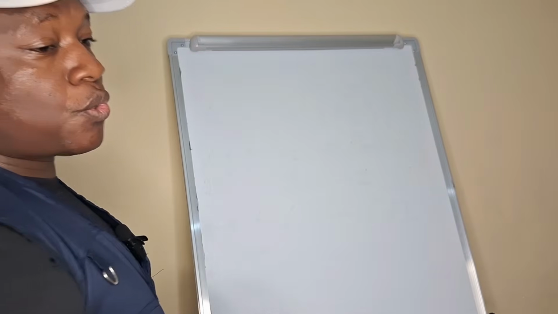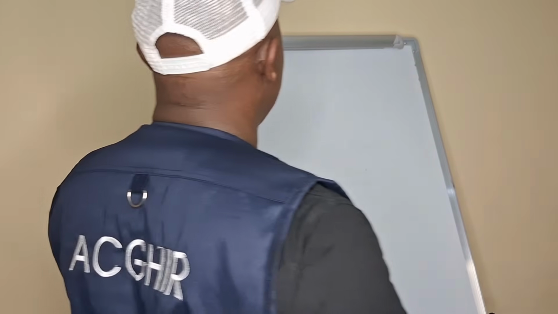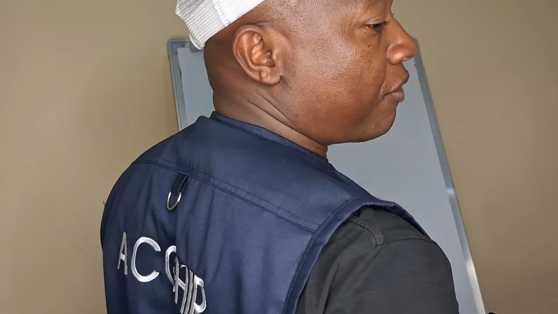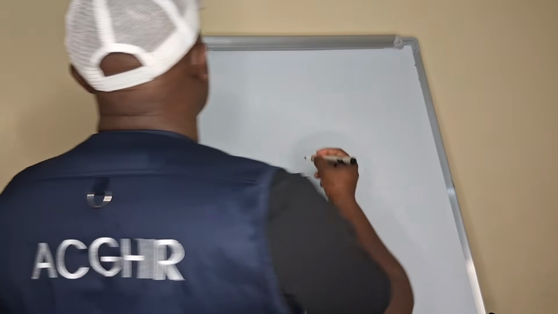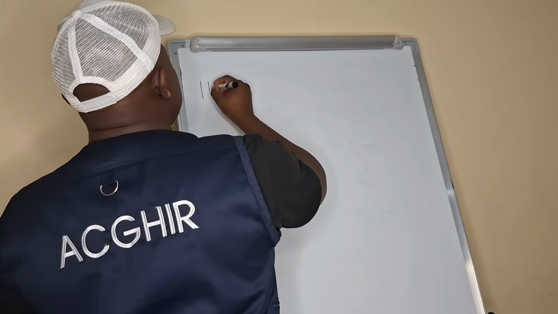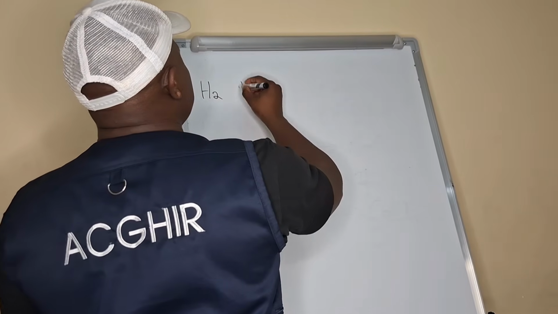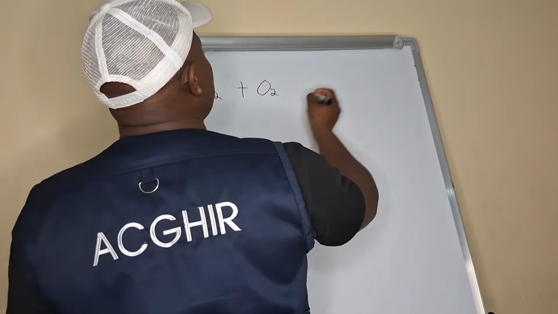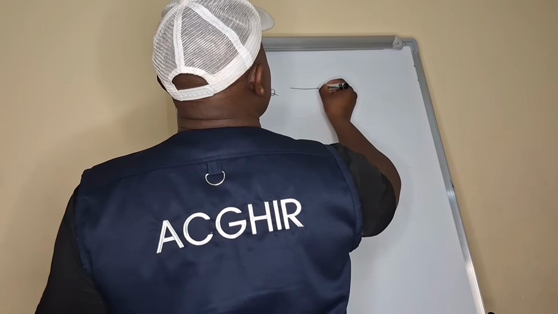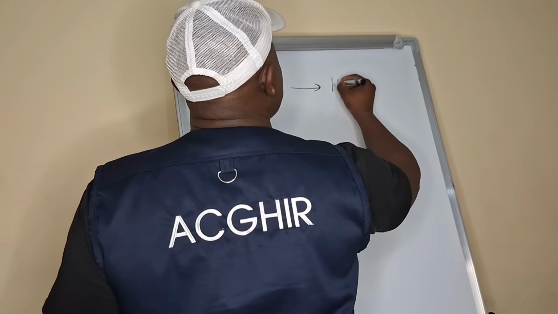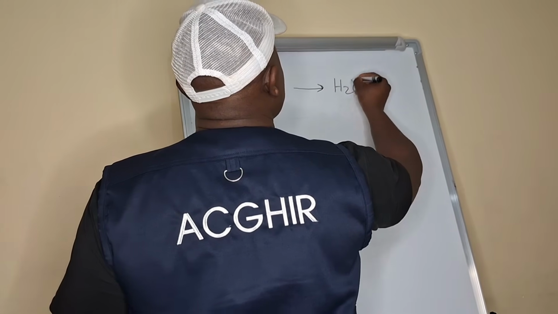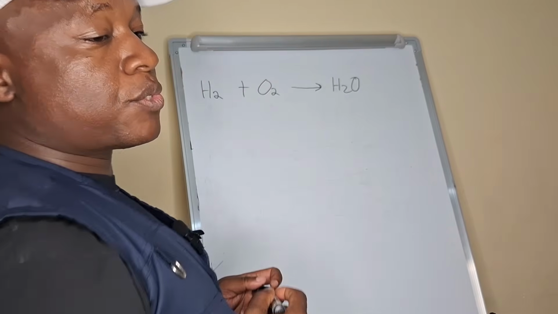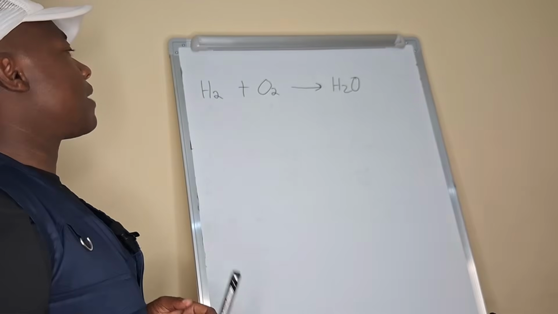So when we are looking at covalent compounds, for example, we've got hydrogen plus oxygen. We know that these gases exist as diatoms. So hydrogen plus oxygen for us to get water.